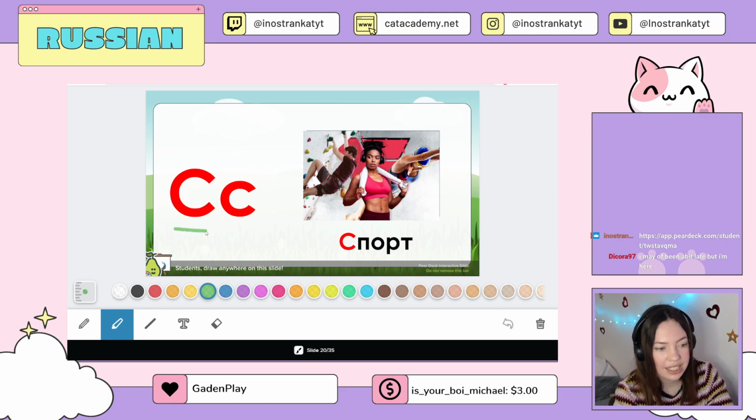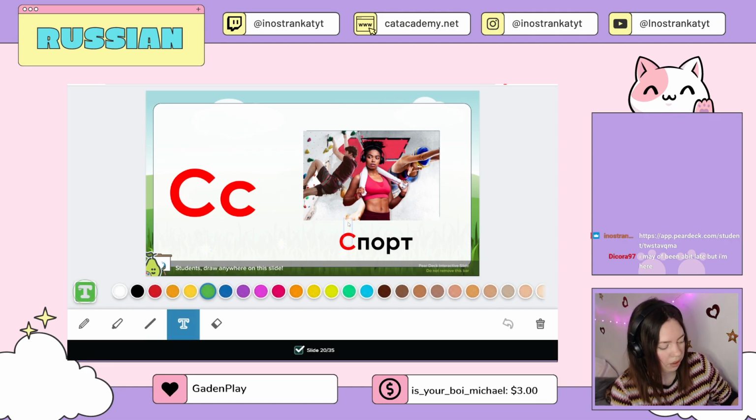So the sound is S. And of course it has the meaning as it's shown in the picture: people doing different kinds of sport. So in Russian it's basically exactly the same. Sport. Just a slight difference in pronunciation because the letters sound a little bit different.